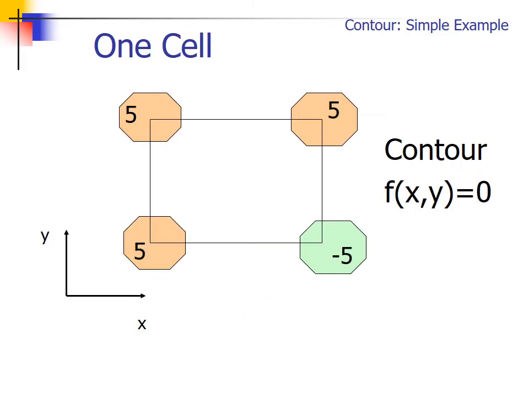The next question is how to construct a contour using calculated values on a regular grid. The first step, we need to find edges in every cell of the grid where the function changes its sign. After that we need to find points on every edge where the function equals 0 using linear interpolation or numerical methods. And the third step is to connect these points and obtain a line segment or piece of contour.